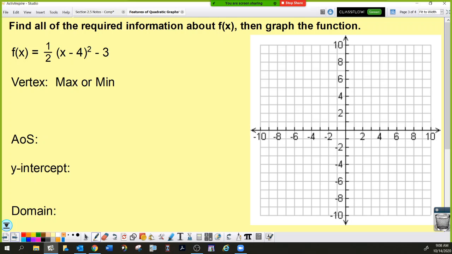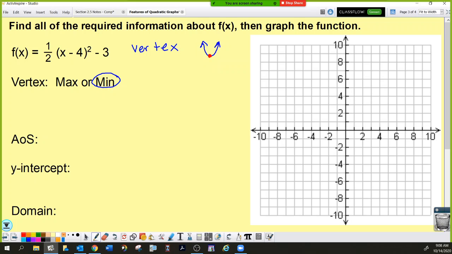So this is vertex form, and we recognize it as vertex form because it has one set of parentheses that is squared. I see that this is an upwards facing parabola because the front number is positive. It looks like this. And just by drawing this quick little picture, I can see I have a minimum. I have a smallest value right here.